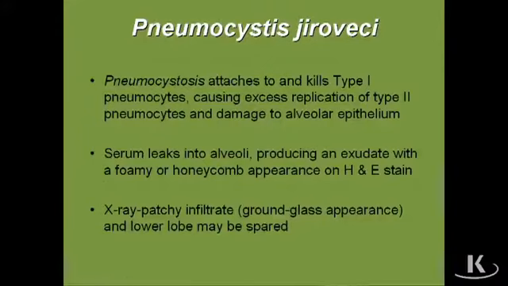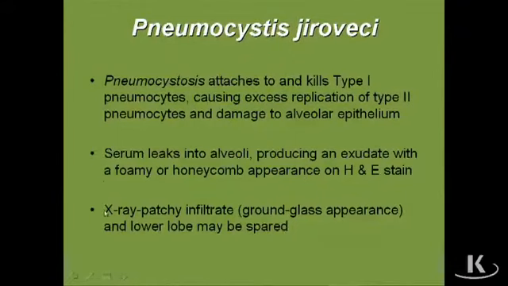So some of the other pathology tidbits that can help you with the pneumocystis question are, number one, because the serum leaks into the alveoli, when you do a hematoxylin and eosin stain, you'll get a characteristic foamy or honeycomb appearance, so that can be helpful.